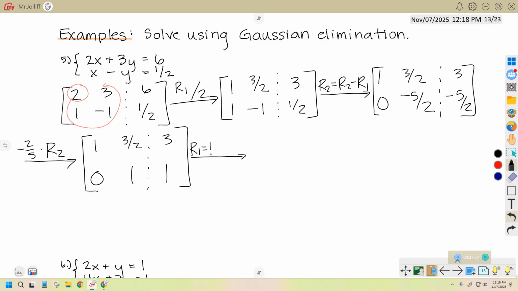So row 1 is going to be old row 1 minus, and then I want to multiply this by 3/2 to turn it into a 3/2. I'm modifying the bottom row so that term matches that term, and then I'm going to subtract them to cancel them out.